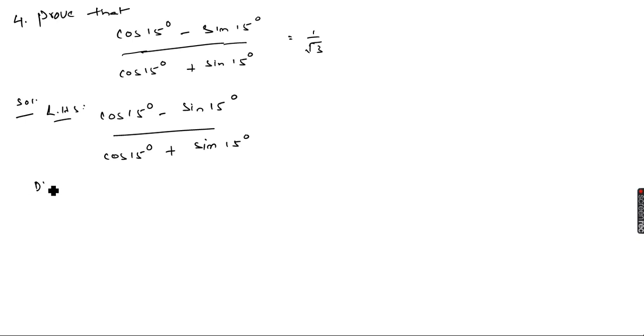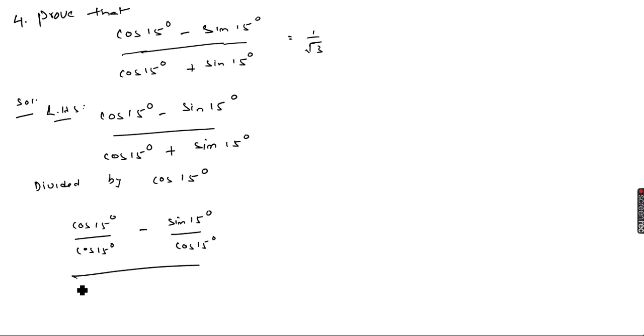So divided by cos 15 degree. Therefore we get cos 15 degree by cos 15 degree minus sin 15 degree by cos 15 degree, by cos 15 degree by cos 15 degree plus sin 15 degree by cos 15 degree.